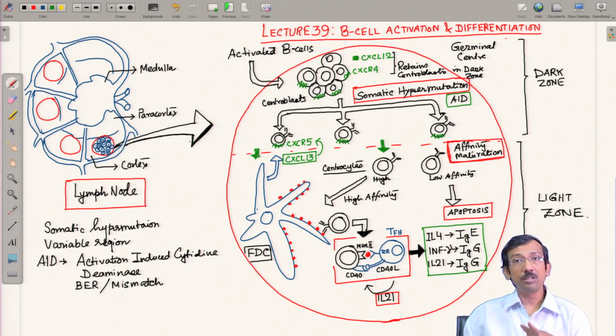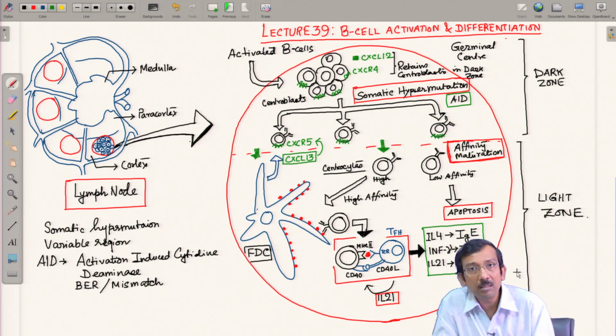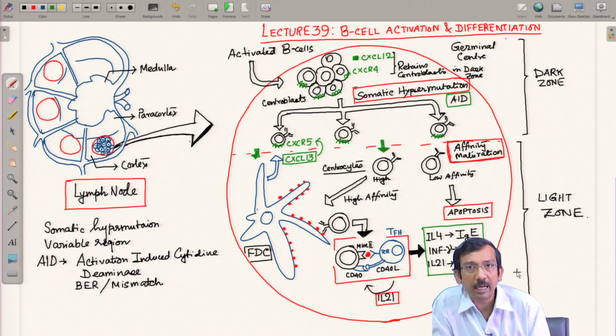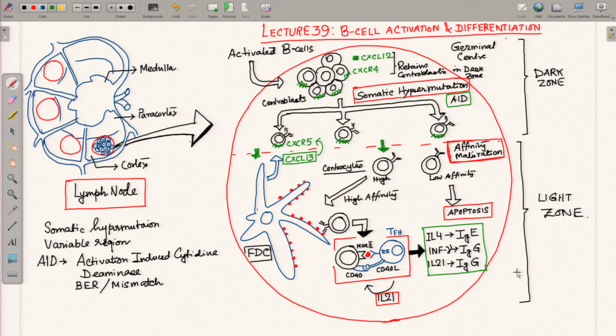But at least you know that once there is this kind of an interaction, once the affinity selection process is done, the affinity maturation process is done, that is the B cell or the centrocyte is selected for the high affinity mutation, those high affinity cells will now interact with the T follicular helper cells, and this CD40 ligand interaction will again occur.